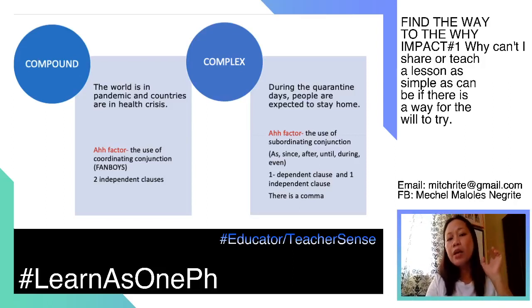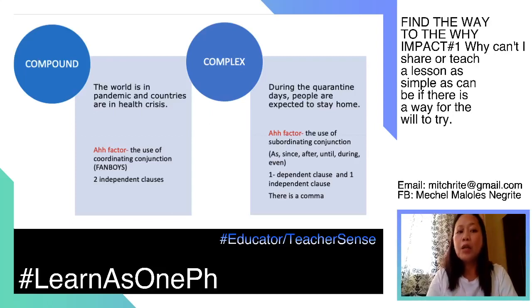And these are the factors for the compound, the use of coordinating conjunction using fanboys, and it contains two independent clauses. While in complex sentence factors, we have the use of subordinating conjunctions, just like as, since, after, until, during, and even. So marami pang list of subordinating conjunction na I hope na ma-tackle natin sa mga susunod na class na maipoprovide natin. So, meron siyang one dependent clause and one independent clause, and don't forget yung comma.